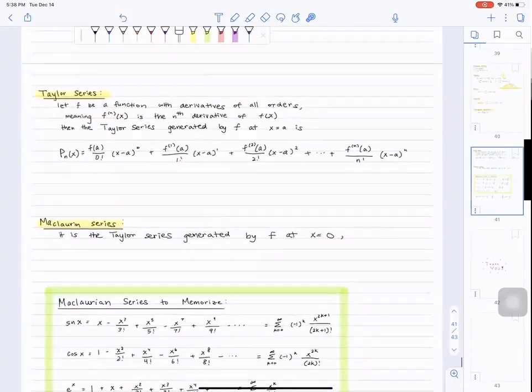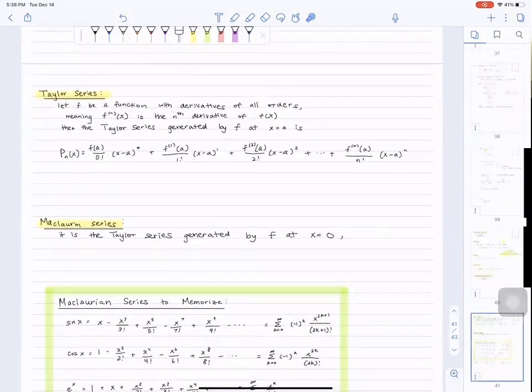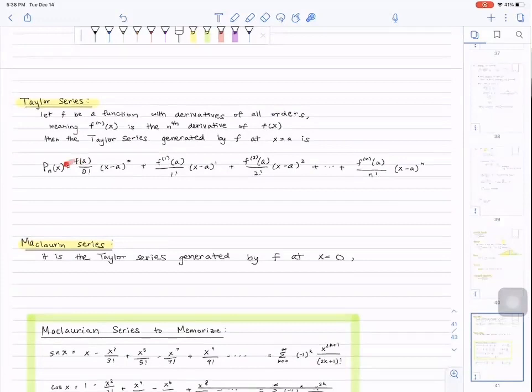Okay, so then the last topic was Taylor series. This is the formula. If it asks you to find the Taylor series of sine of x centered at x equals a, some number a, then the process is you write down f of x, its derivative, its second derivative, etc., however many you need.